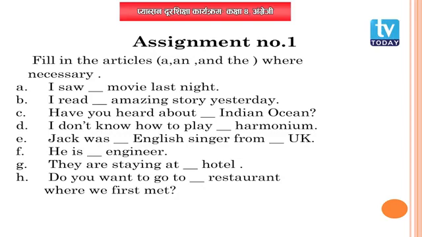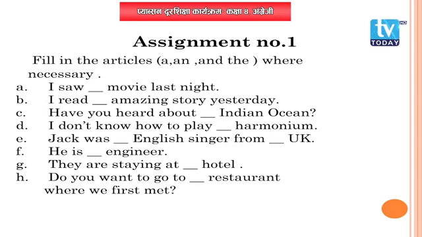The next sentence is there. I read amazing story. A amazing story? An amazing story? The amazing story? Obviously, the adjective amazing is used there with the vowel sound a.